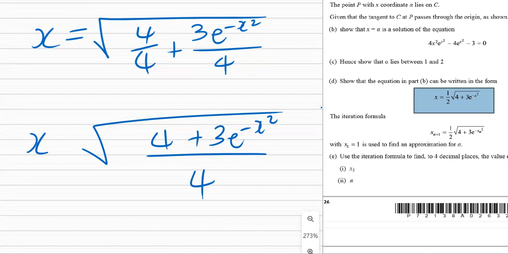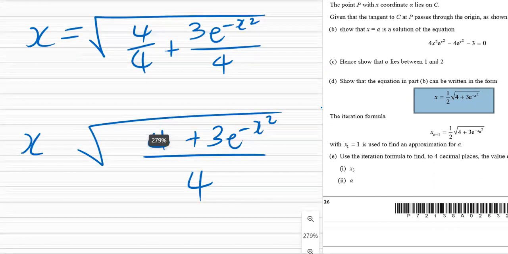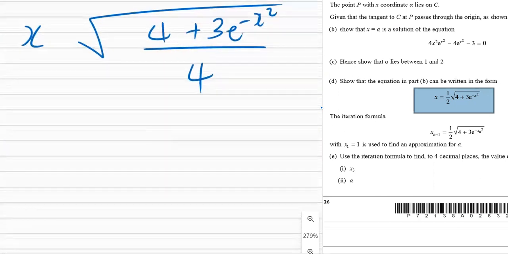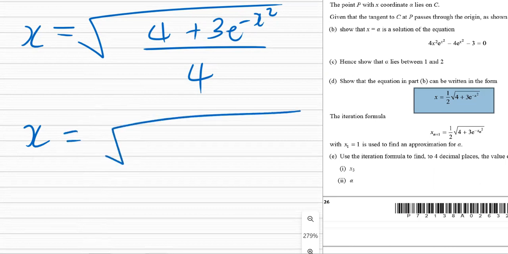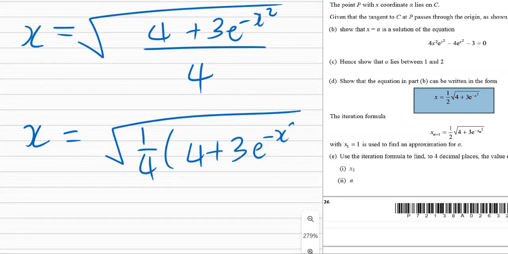So this could be rewritten as a quarter. Whoopsie. A quarter times 4 plus 3. Just keeping an eye on where I'm headed for this thing.